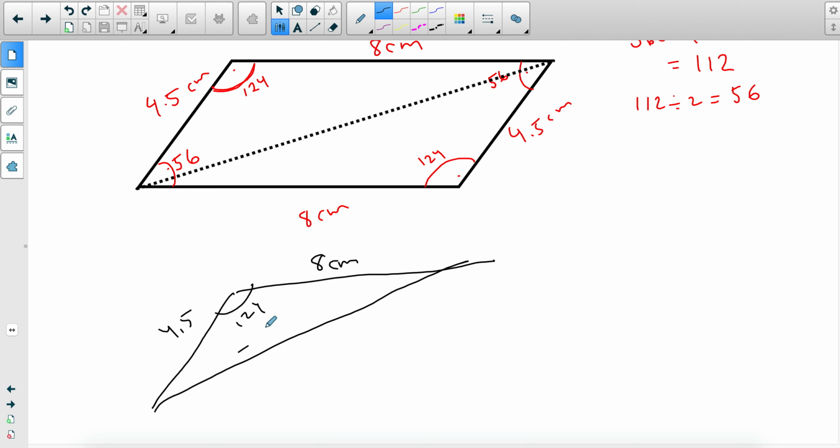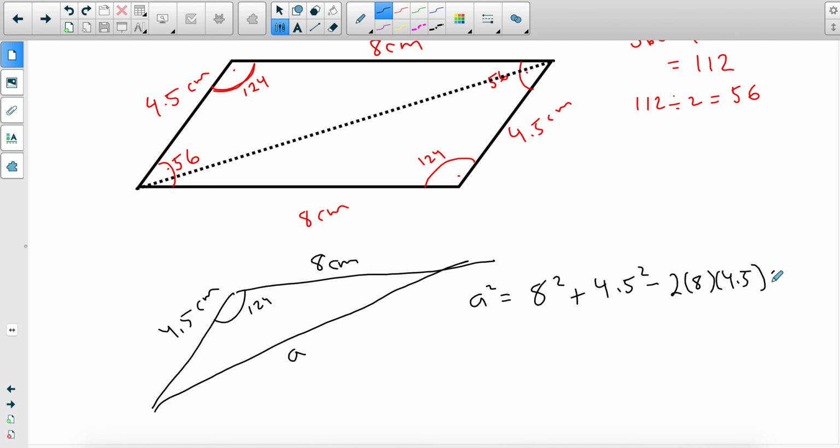So you do notice that we have a triangle, we have a non-right angle triangle, and we have this sandwiching situation. And so we are matching this angle with this length. So let's say this is the length A. And so A squared is equal to, well, B and C don't matter, remember? So 8 squared plus 4.5 squared minus 2, 8, 4.5 cos 124.